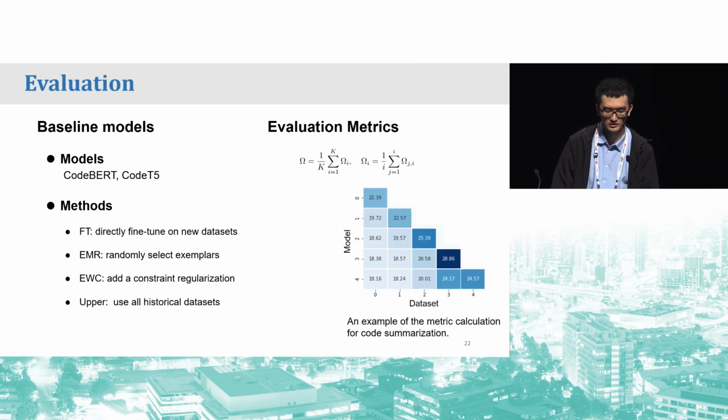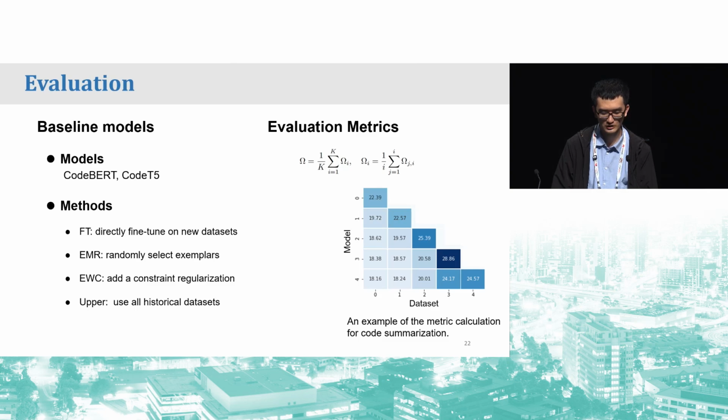And for the evaluation metrics, to evaluate the performance of each method under the continual learning setting, we evaluate them by their average performance on all test sets. For example, after we train the model on 5 sequential datasets, we can obtain 5 models.